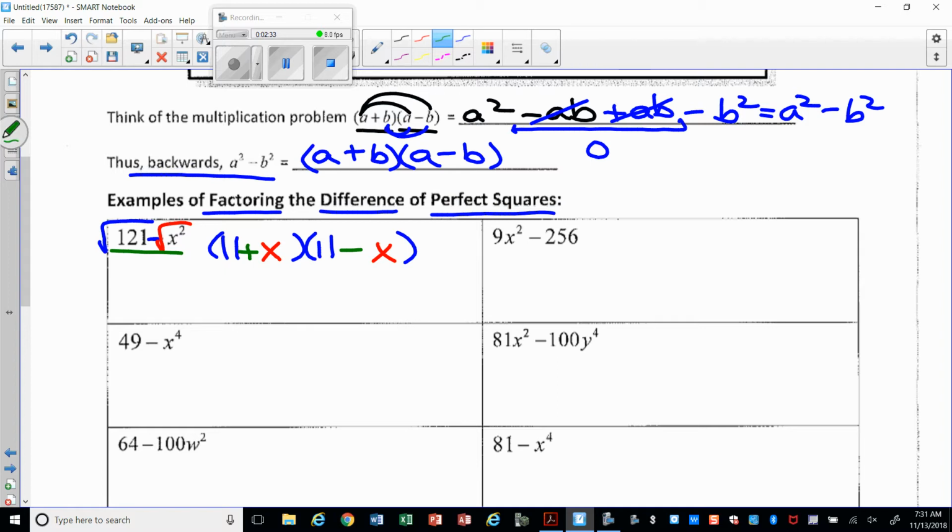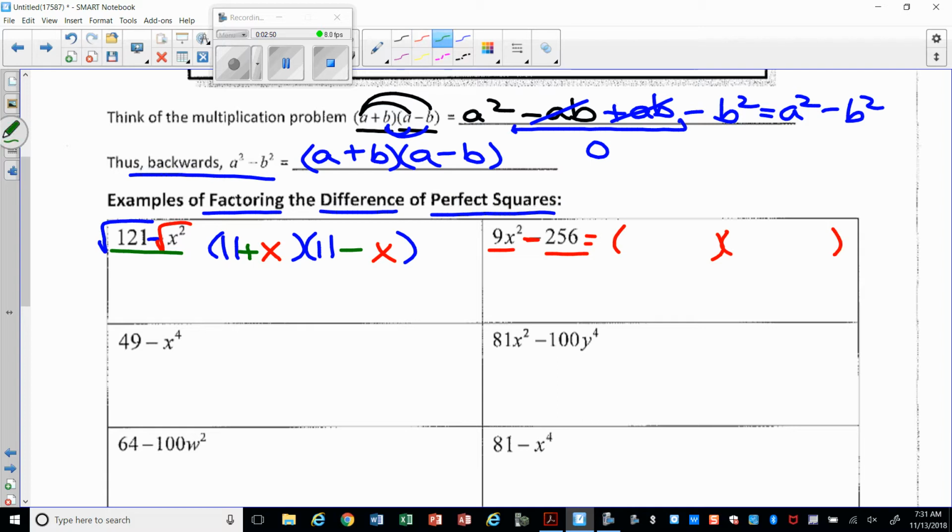So they're kind of nice, because they have that pattern, so you can use a shortcut. I've noticed that this is a perfect square and this is a perfect square, and they're subtracted. So I know I can factor these really easily.